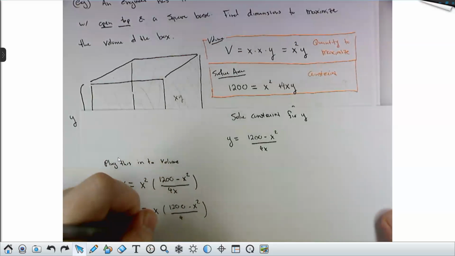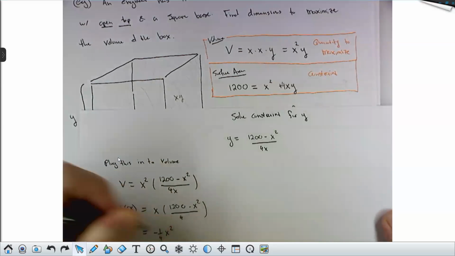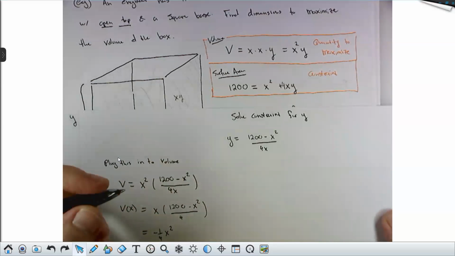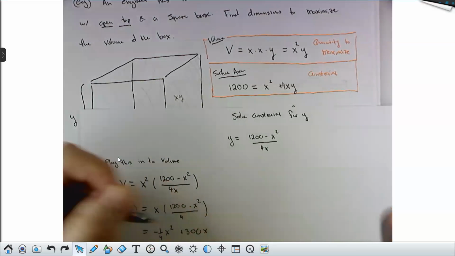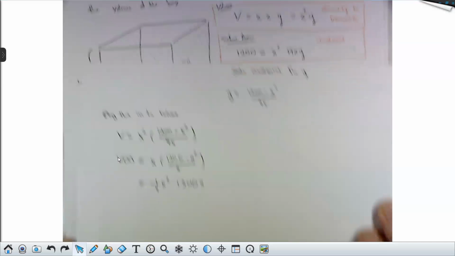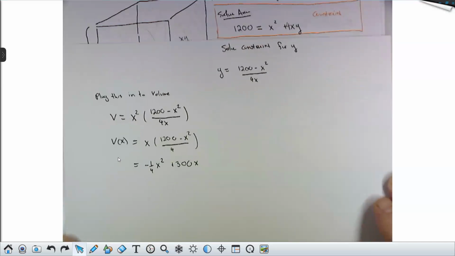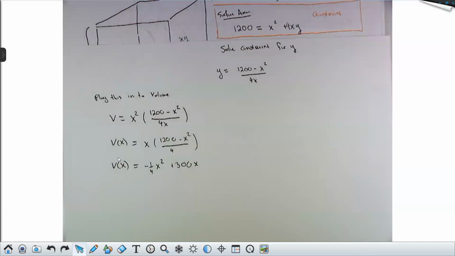I'll bring the 4 out front as a 1/4. And when you clean all of this up, you'll get negative 1/4 x cubed, and then 1200 over 4 is 300, so plus 300x. All right, so this is V of x. I trust that we did this correctly now.